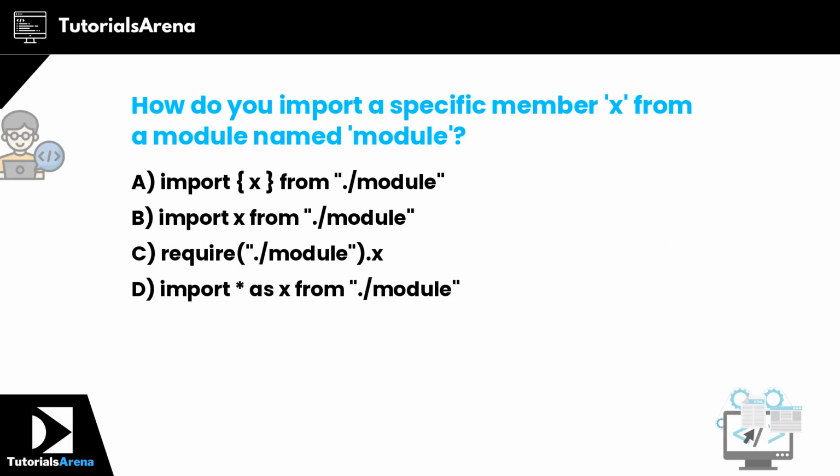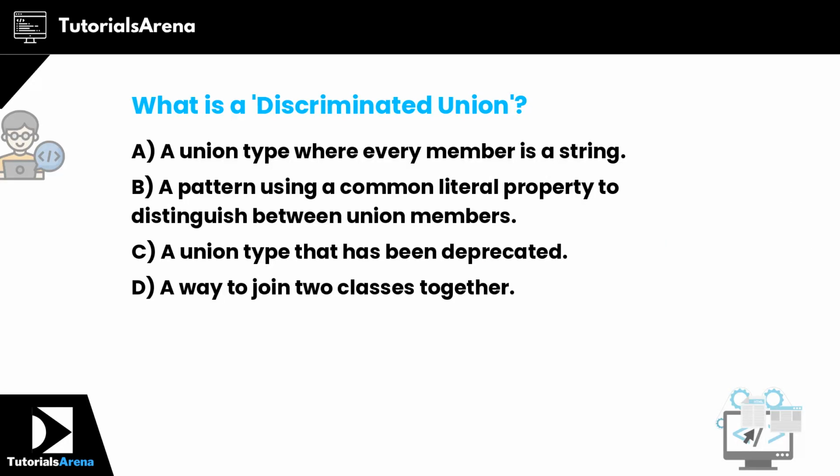How do you import a specific member X from a module named module? The correct answer is option A, import { X } from './module'. What is a discriminated union?